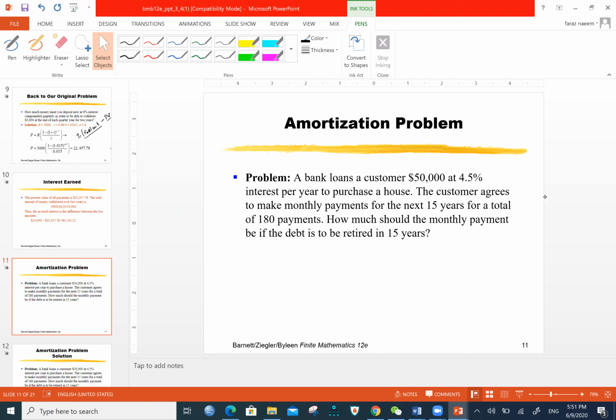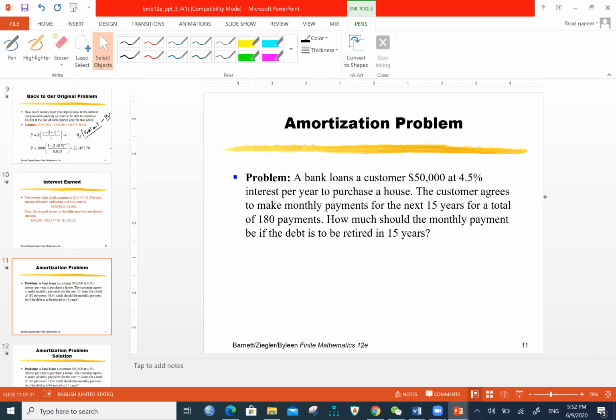It is annuity, but yes, this is the first step. Is it annuity or compound interest? Yes, it is annuity. Now the second question: is it present or future? It's present because you have a lump sum at the beginning. Yes, it is present value of annuity.